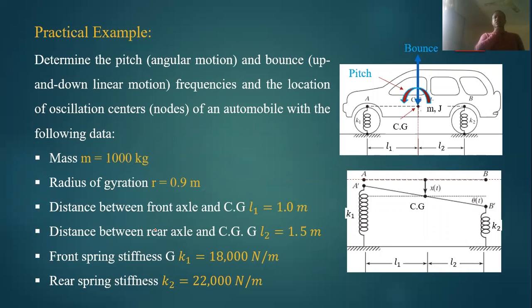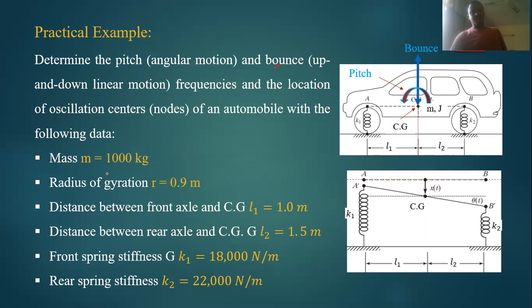So let's take a particular example that illustrates this type of problem, how we can use it. Let's consider: determine the pitch and bounce frequencies and the location of oscillation centers, which are known as nodes, of an automobile with the following data.